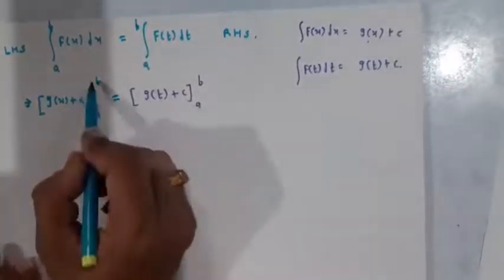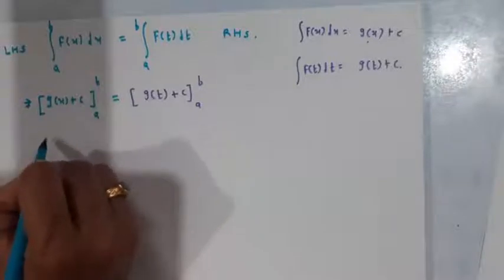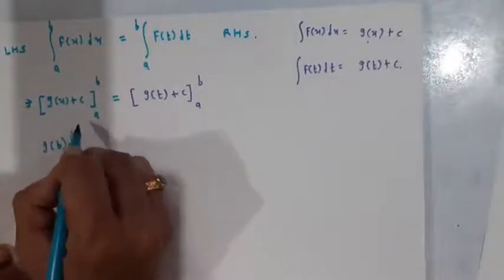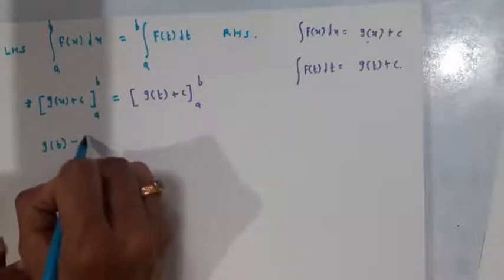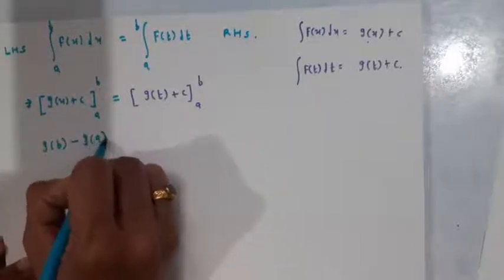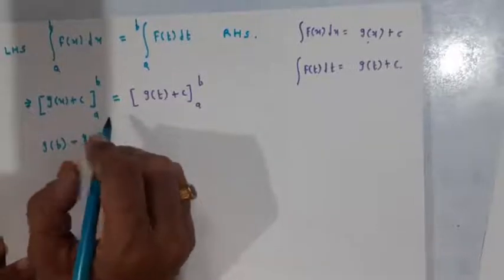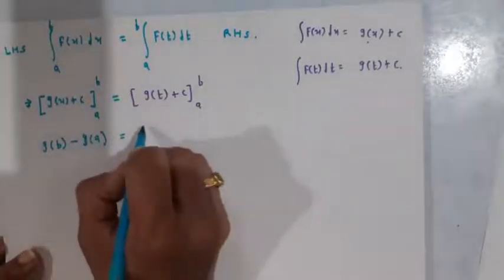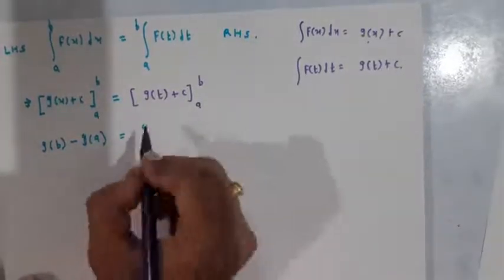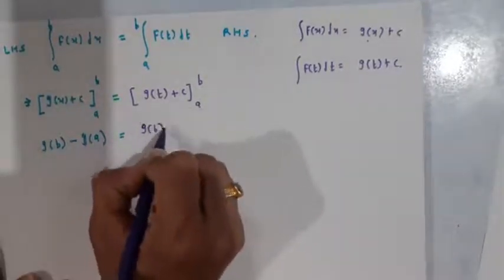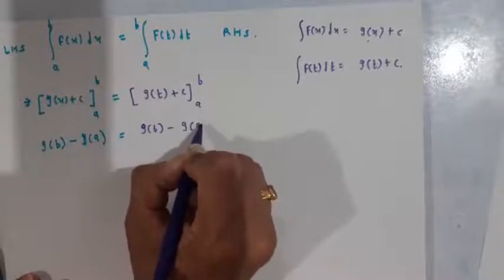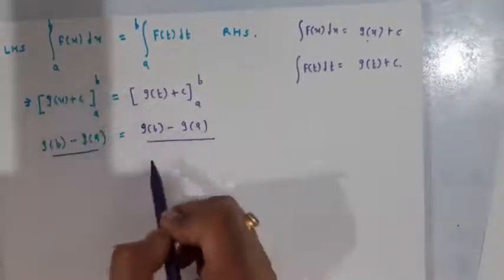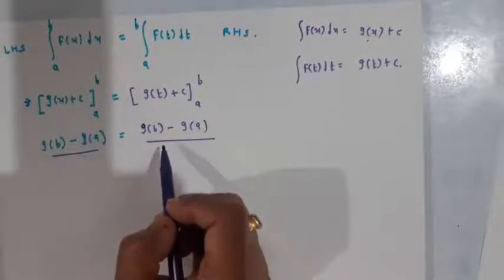Okay students, now put the values. We will get g of b minus g of a, plus c minus c gets cancelled. And here also this is g of b minus g of a, plus c minus c gets cancelled, and hence LHS equals RHS.